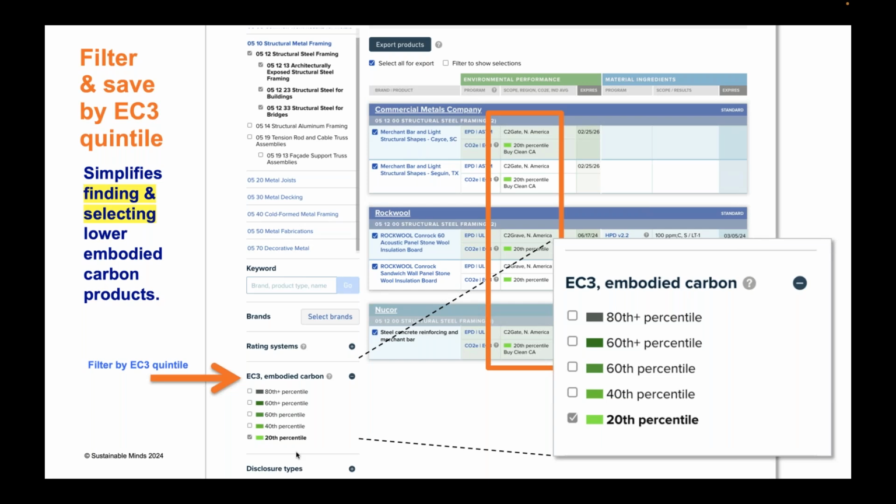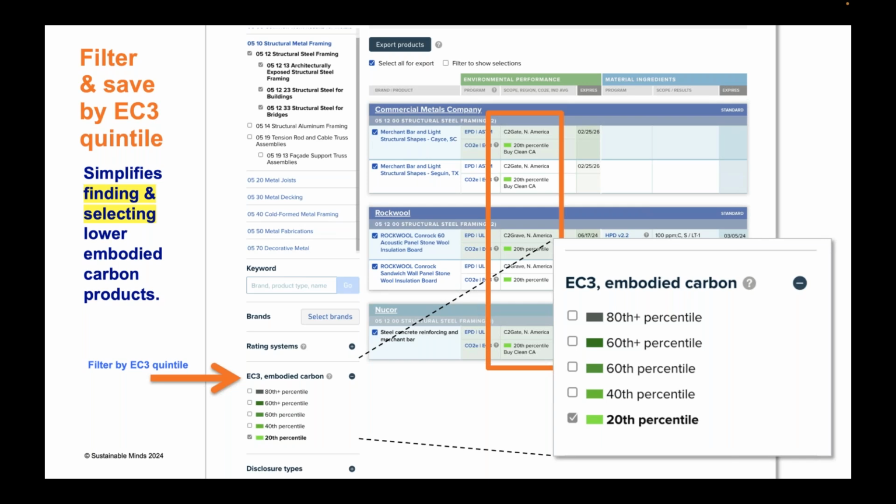And so when a user is using the transparency catalog, looking for low carbon materials, they can go into any MasterFormat section, and before they even start to look at more detailed sections or brands, they can select the carbon threshold they want and then only see those products. And so what we've done is we've saved a user a little bit of time, not having to go into the EC3 tool to run comparisons, because we've already done this for you here.